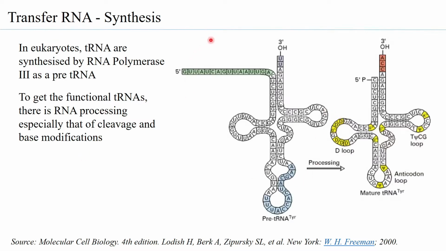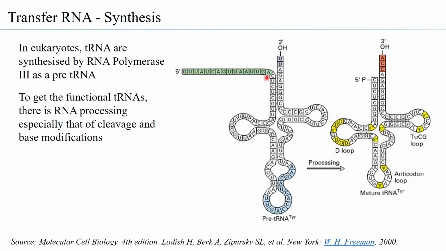So if you look at the pre-tRNA, you can see how it is processed to finally give rise to the cloverleaf tRNA. What are the differences that you observe between the functional or mature tRNA and the pre-tRNA? As you can see over here, the 5' end of the pre-tRNA is quite extended, with a sequence of nucleotides being present.